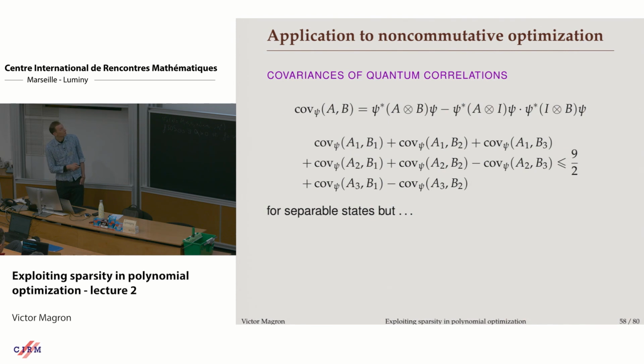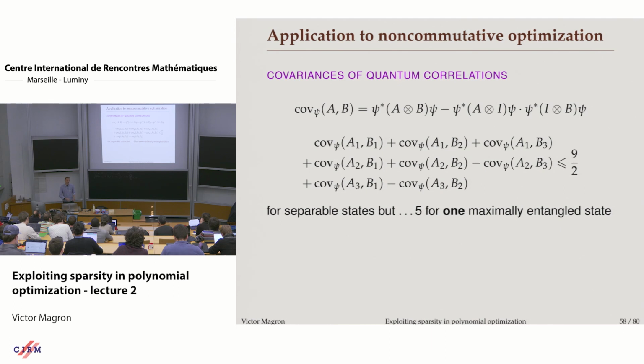And so here you have a sum of nonlinear terms. Again, you can take psi as a separable state and check what is the maximal value. It's 4.5 for separable. But then physicists found one maximally entangled state for which it was 5.